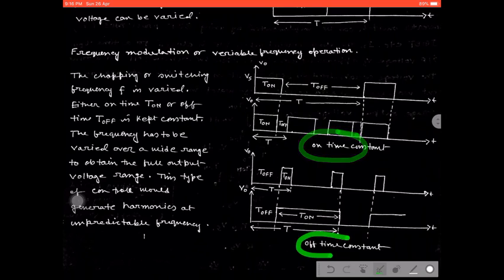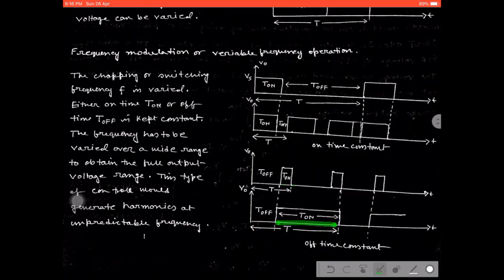Now for off time constant, what happened? See, this is the off time, and this is the on time. That is why the total frequency is 1 by T. Suppose the off time remains constant, but we are changing the on time from this much to this much.